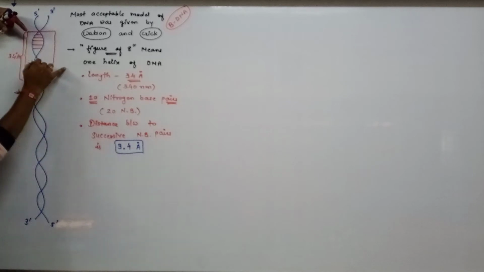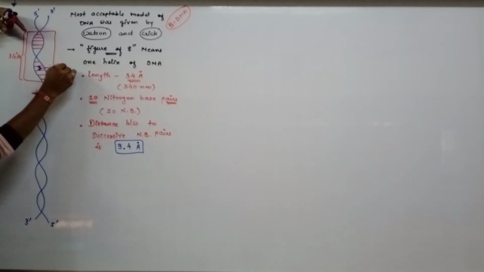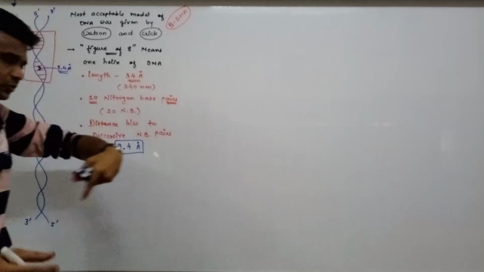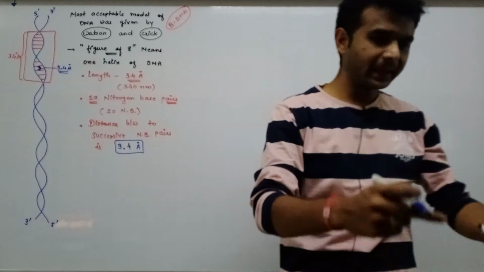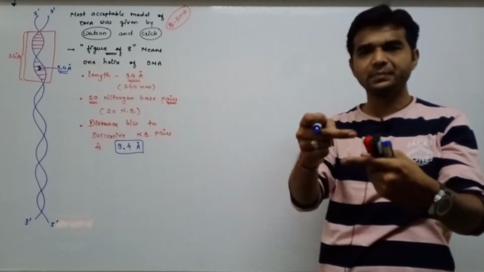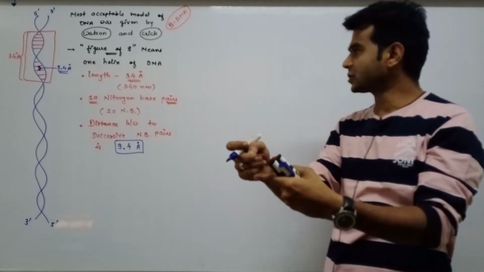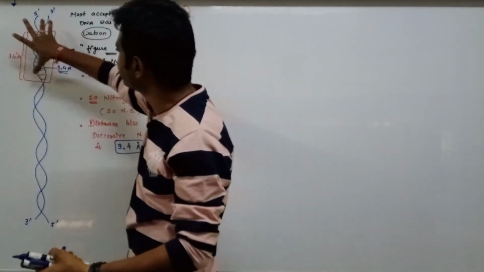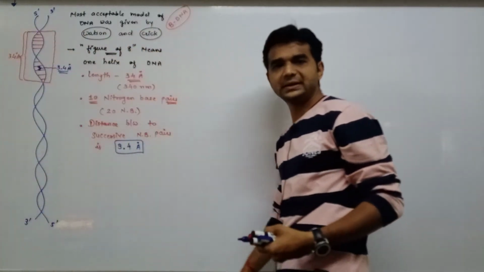In between two successive nitrogen base pairs the distance is 3.4 angstrom. Now you calculate, it is very easy: 3.4 multiplied by 10 base pairs gives 34 angstrom distance.